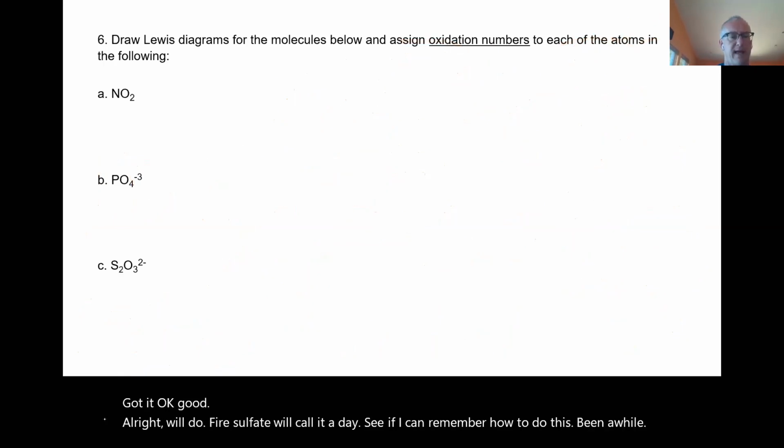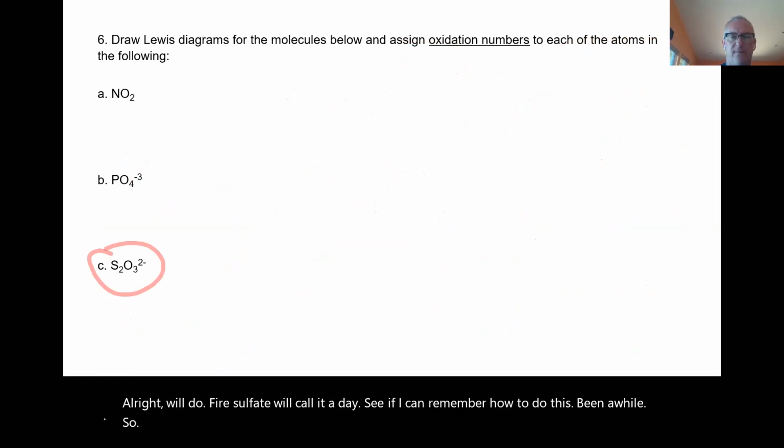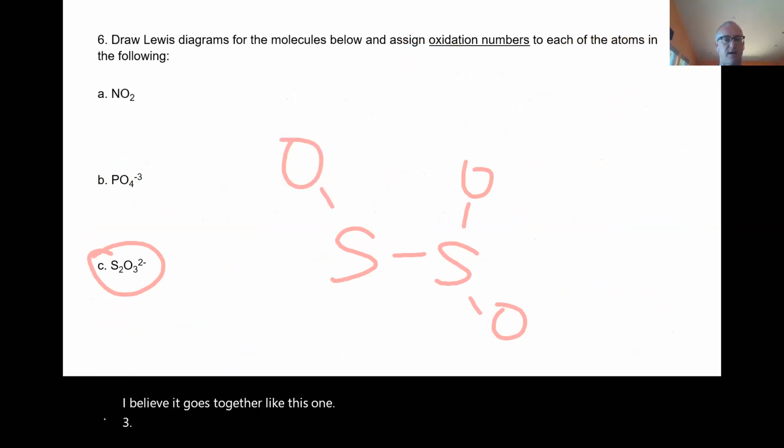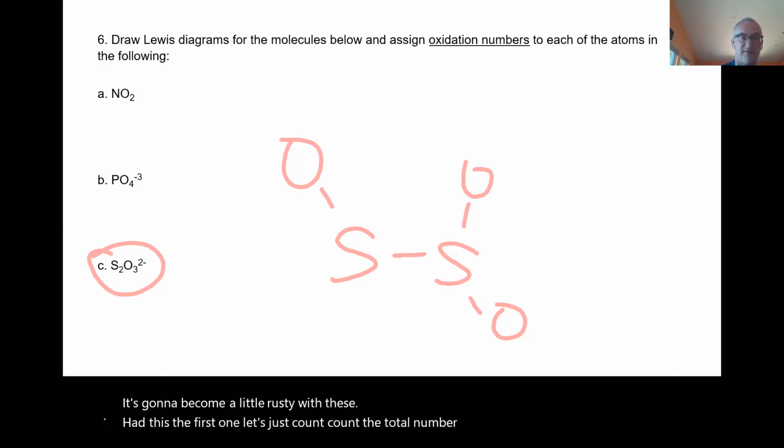S2O3, I believe it goes together like this. 1, 2, 3. Actually, I should double check that. I'm a little rusty with these. First of all, let's just count the total number of valence electrons we're going to need.